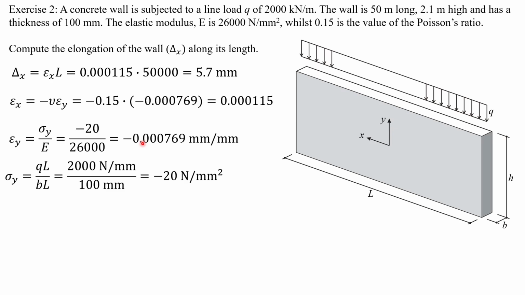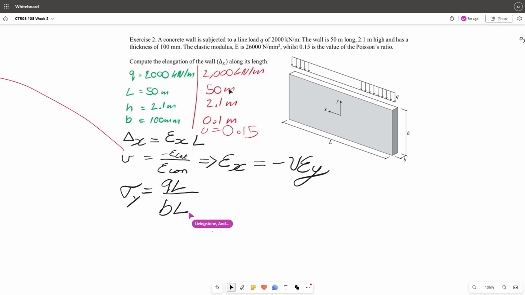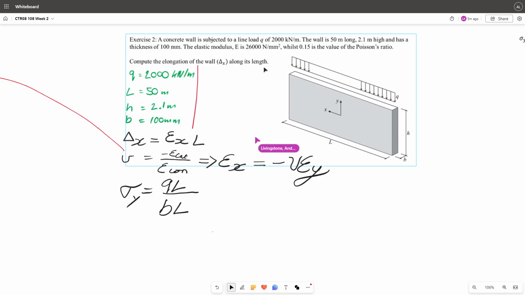You change Q to newtons then instead of kilonewtons. On this occasion here, on my slides, done this a couple of years back now, I converted everything to a different unit. I converted it to millimeters and newtons. So I could do that. And now actually, if you want, let's make it more consistent.